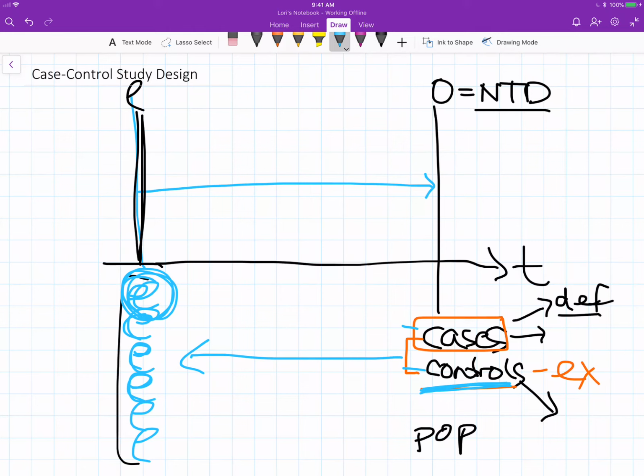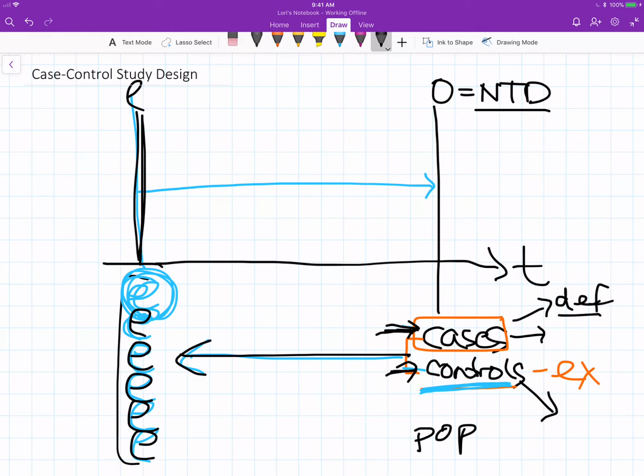And then we ask all of these questions, and here's one of the important things to keep in mind. When we're asking all of these questions about all of these different exposures, the people that we're asking already know if they're a case or if they're a control.